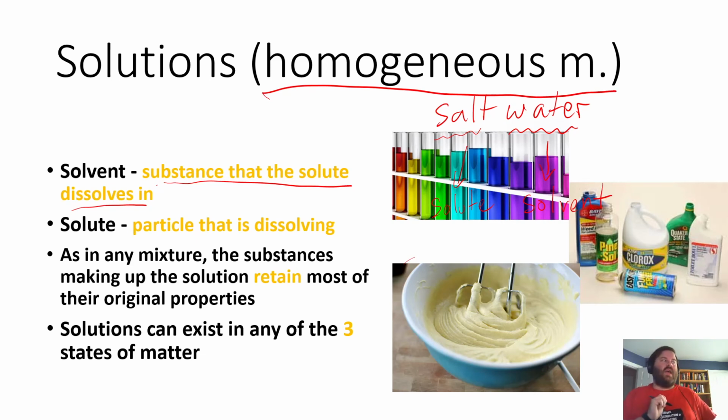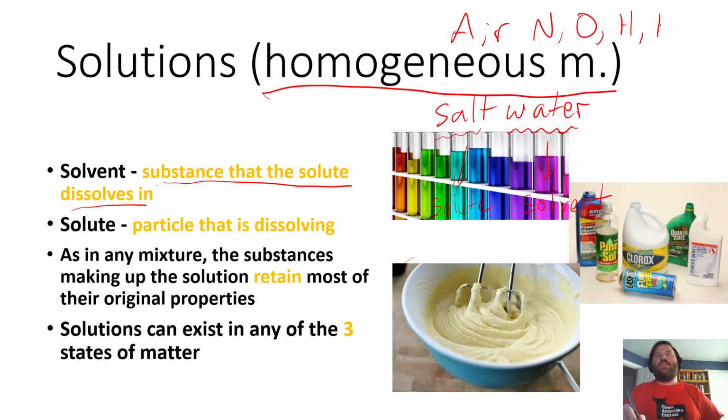Okay, and an example of a gaseous homogeneous mixture, so that's the third state of matter, is air. The air that we're breathing right now is made up mostly of nitrogen, but there's also oxygen, crucially, for us to survive.